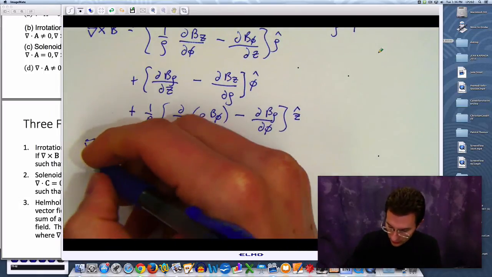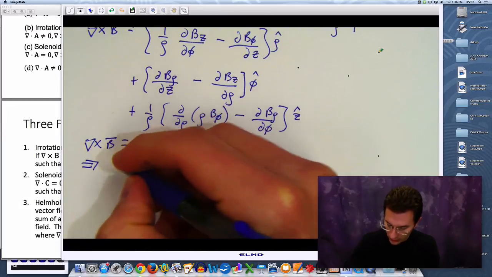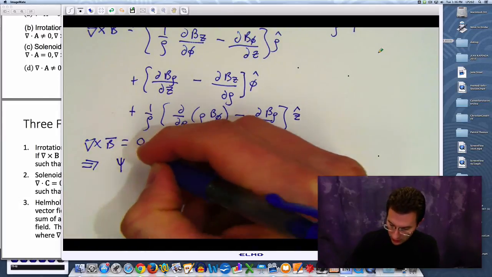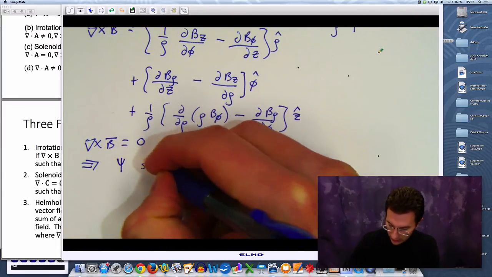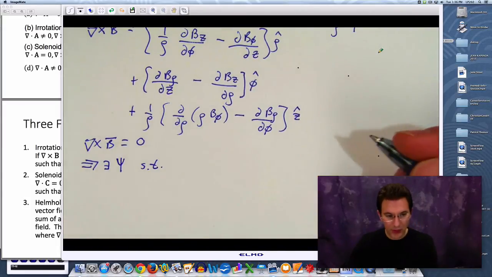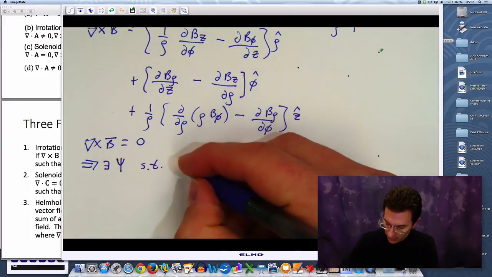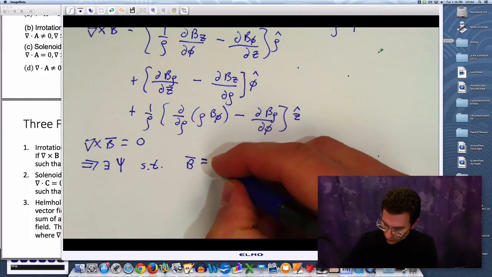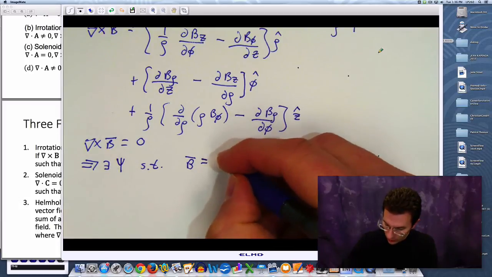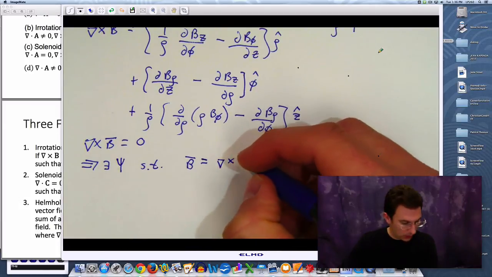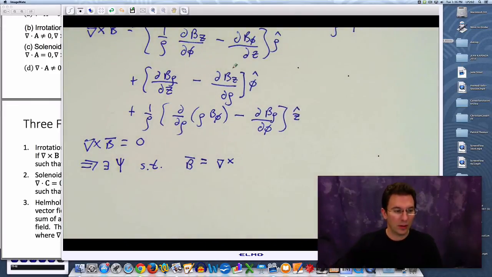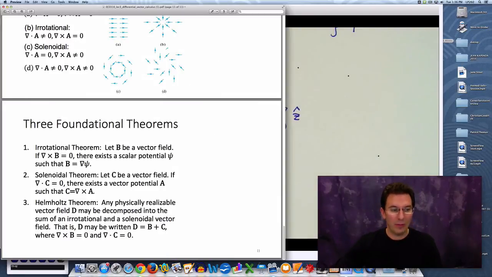In other words, this implies that there exists a psi such that B is equal to the gradient of psi, excuse me.